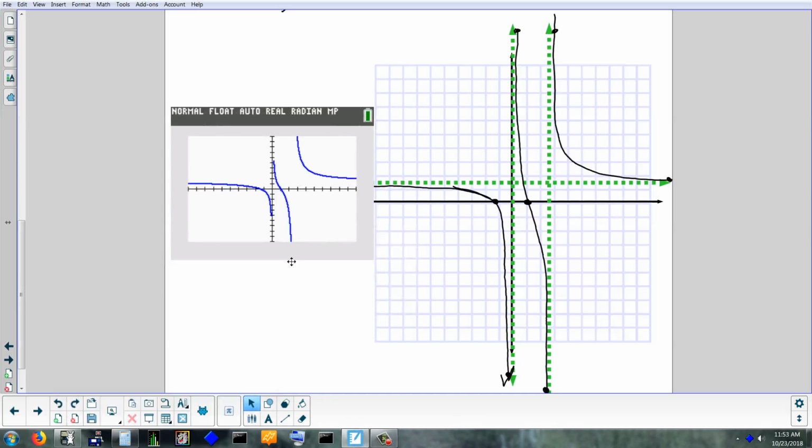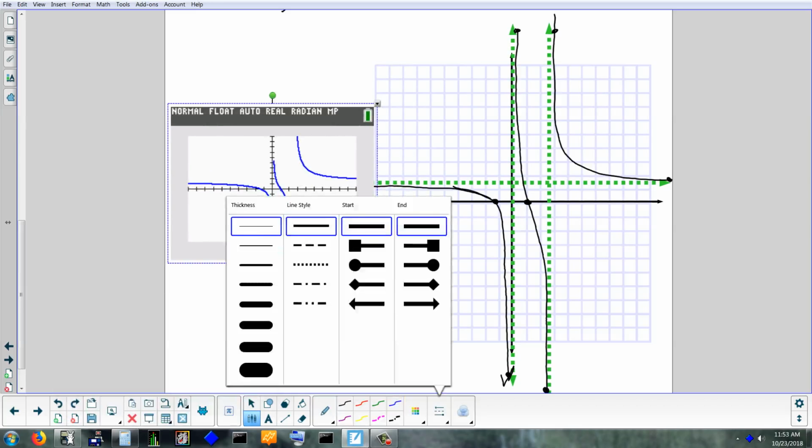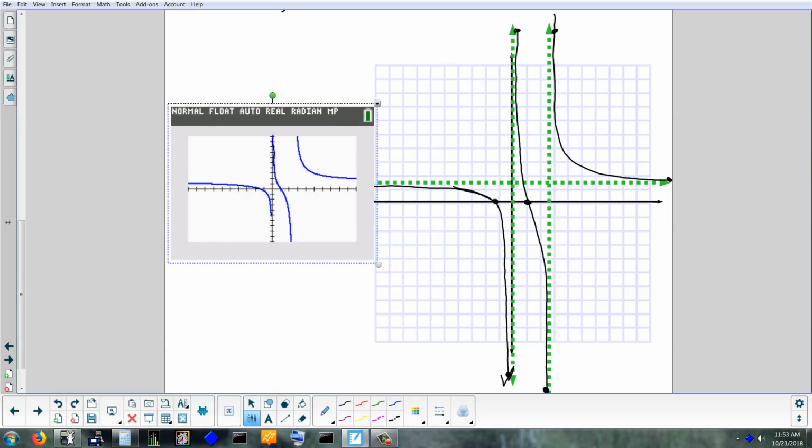Okay, it shouldn't stop right there. If I kind of fix it so it looks right, this part should keep going up, and this part should keep going down. But that's pretty much what we sketched.